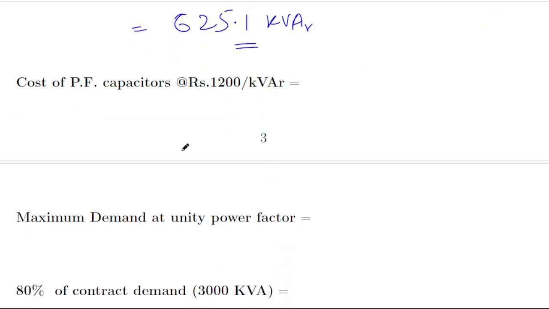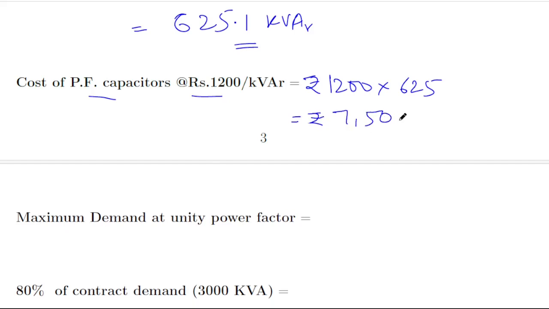Next, we find out the cost of this power factor capacitor, since the rate per kVAr is given Rs 1200 per kVAr. So for 625 kVAr, the cost would be Rs 1200 multiplied by 625, that is Rs 7,50,120.